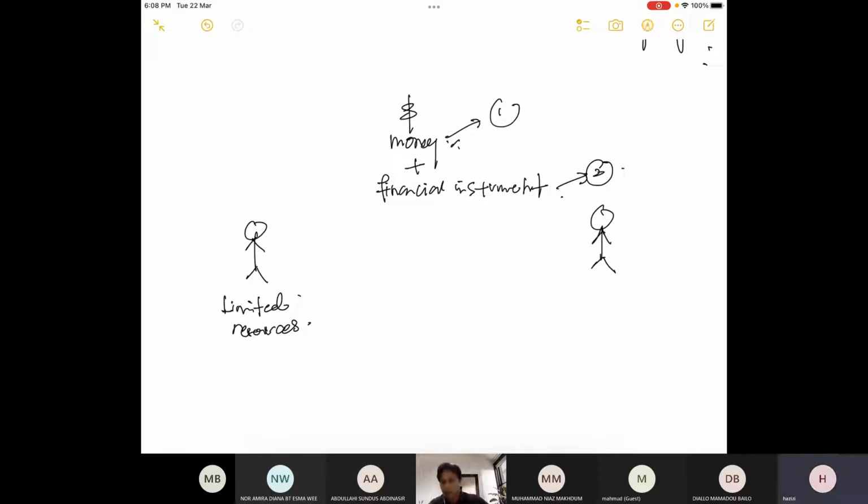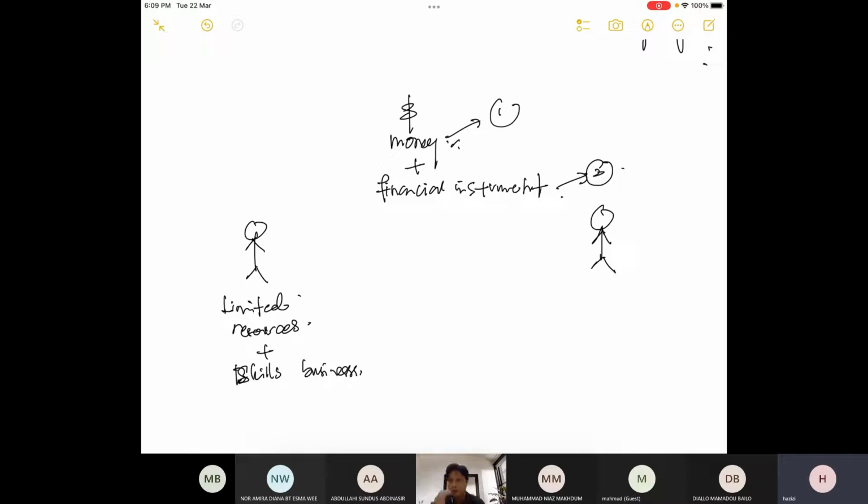For the sake of our discussion, we are concerned about the financial or economic resources. But they can offer skills or businesses. Basically, they don't have enough capital, right?